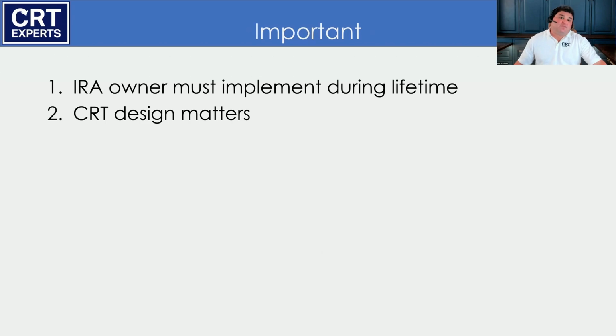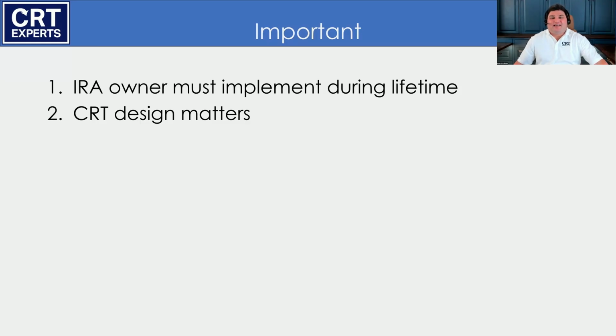Before we talk about the implementation, just two important points I want to make. One, the IRA owner must implement during their lifetime. This is not something that we can punt down the road to our executor. I think in some ways that's helpful. Inertia is always a hurdle with clients on pulling the trigger on planning.